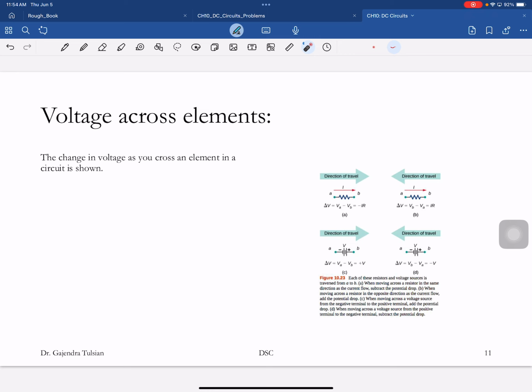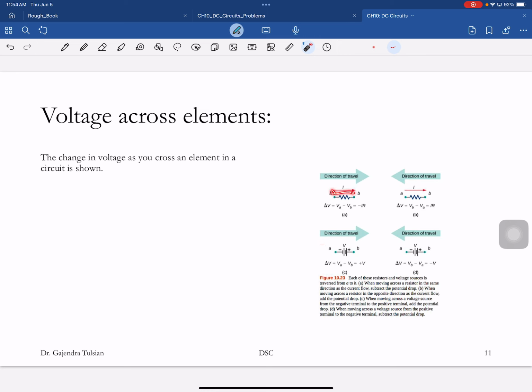The change in voltage when you go across is negative I times R. When you're going against the current, you're going uphill, so the change in voltage is plus IR. Remember that.